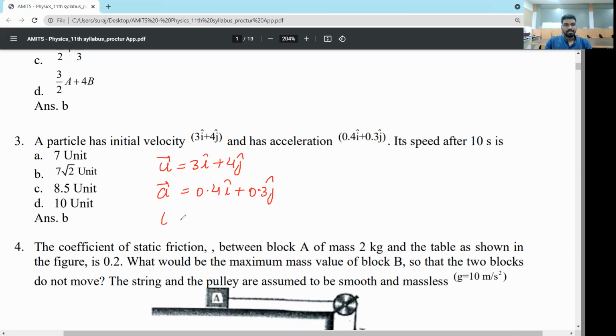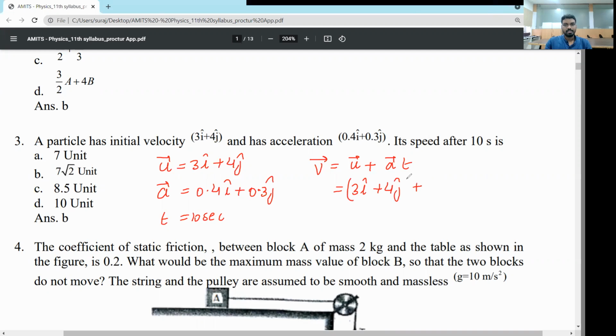Time is given, 10 seconds. So V is equal to u plus at. U is 3 i cap plus 4 j cap. A vector times t is 4 i cap plus 3 j cap. So 7 i cap plus 7 j cap, right?